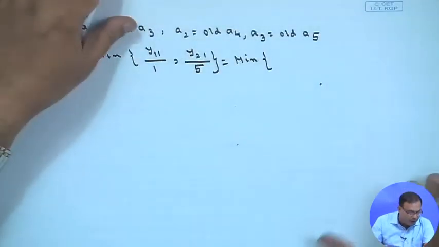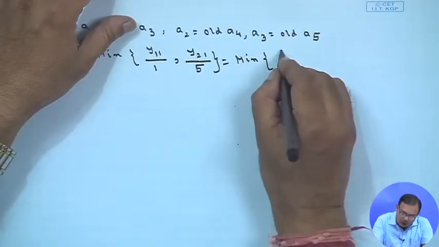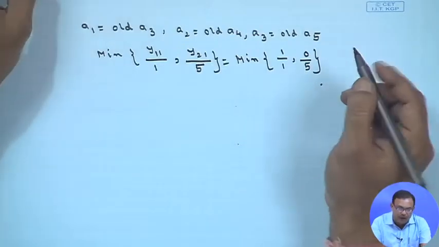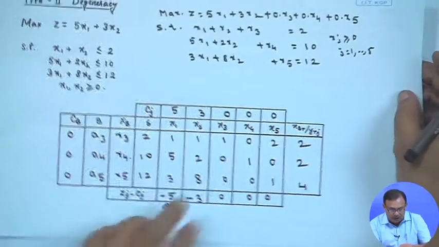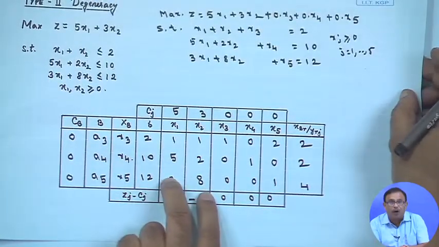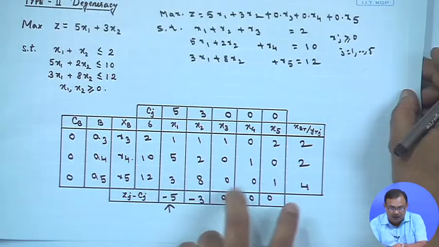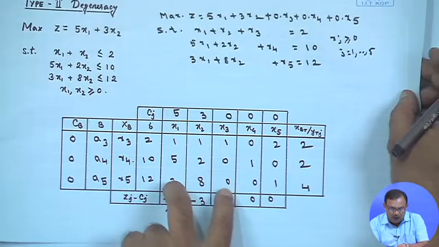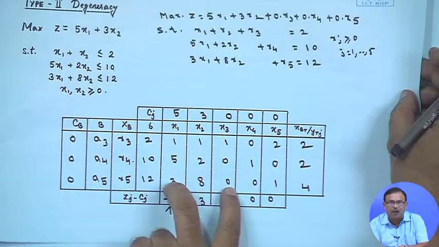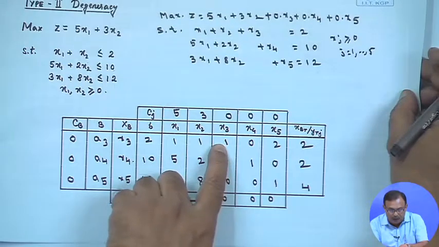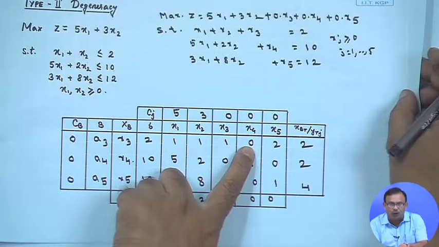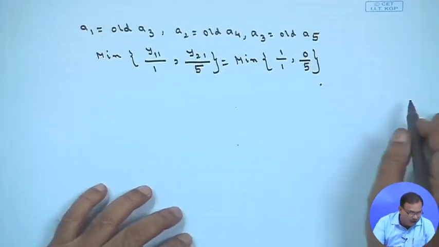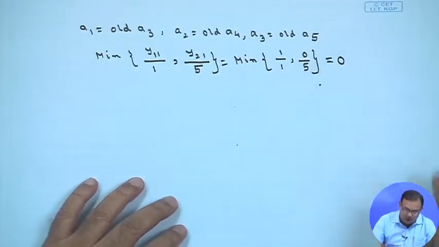So, the minimum will be equal to 1 by 1 comma 0 by 5. I am getting this from the next 2 variables, because we have interchanged so that x3, x4, x5 now come in the first 3 columns. Since x3, x4, x5 are the first 3 columns, y11 will be 1 and y21 will be 0. So, we are taking 1 by 1 comma 0 by 5 and the value is this one.